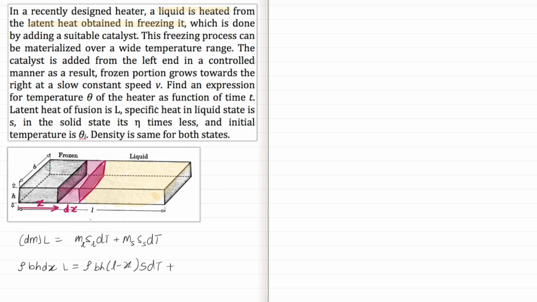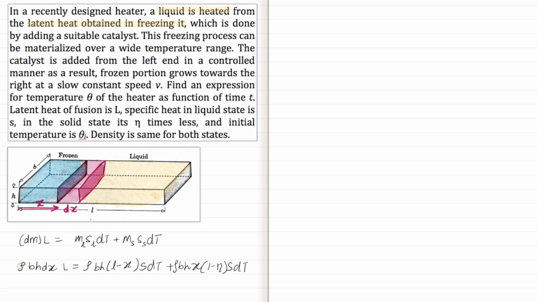And for the solid part, the mass would be the mass of this section, area b h into length x. So this is the volume, times density, then specific heat of the frozen part, which is given n times less. So that would be 1 minus n into specific heat of liquid into dT. So this is the expression that we have got.